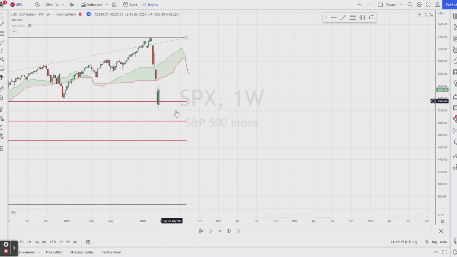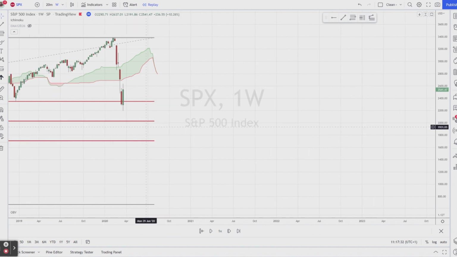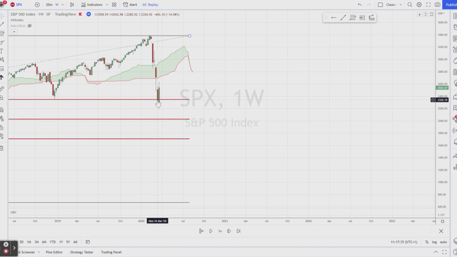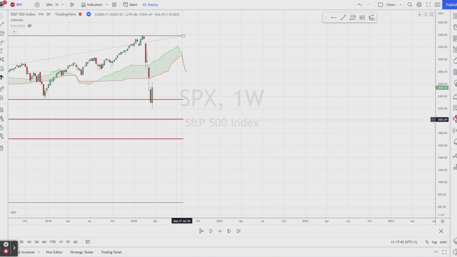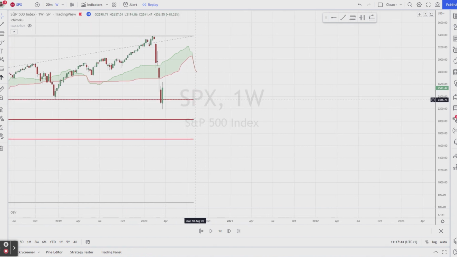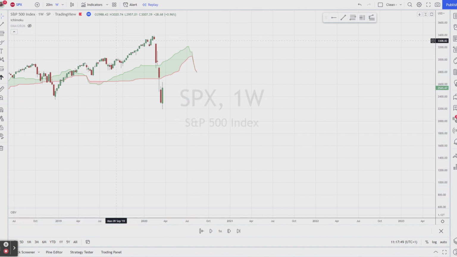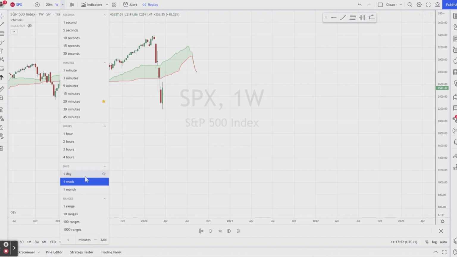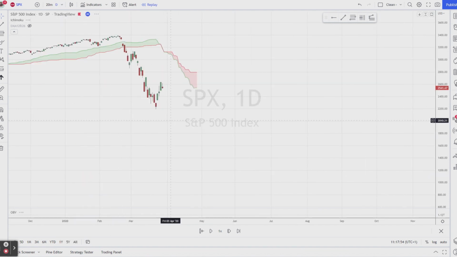So we have two scenarios: this could continue down all the way down here before a reversal, or it could be already done by this point. So what are we going to do? Well, we have a bigger picture now. We know that we had a major impulsive move for the last 10 years. Now we are in a retracement move.